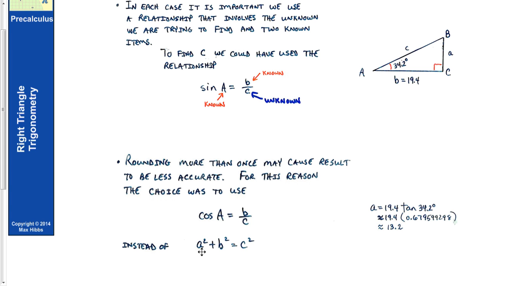But keep in mind, A was a calculated value that was an approximation. B was a good known value, and we expect that to be completely accurate. So we would have used an approximation to calculate C, and we wanted to rule that out.